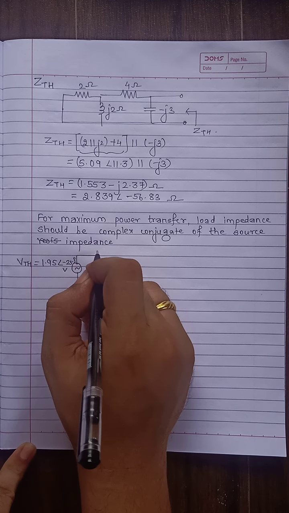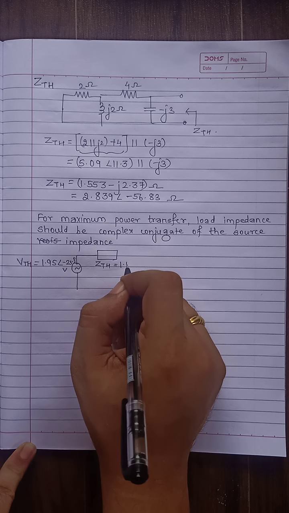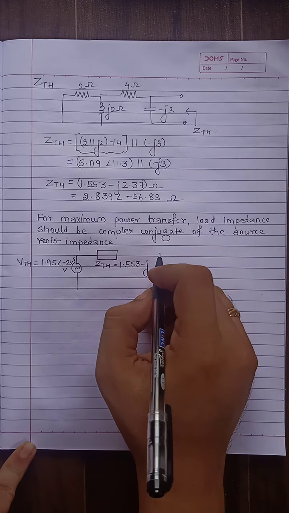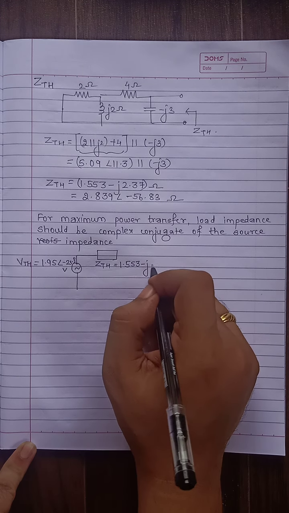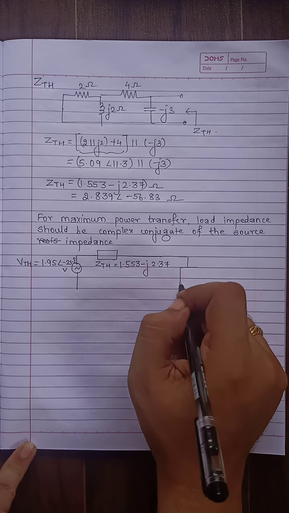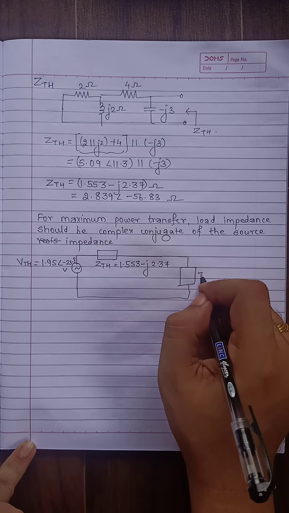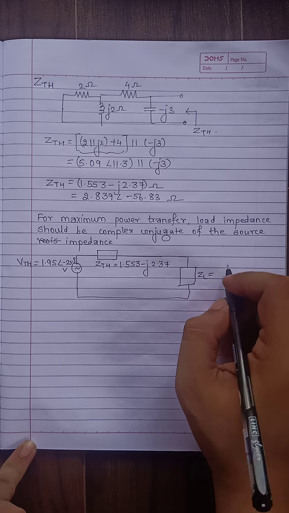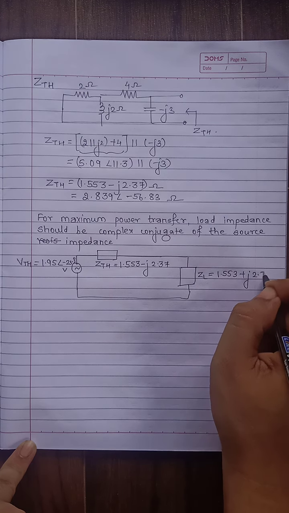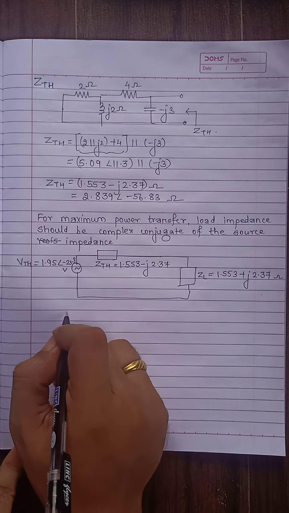Then we have calculated ZTH, which is 1.553 minus J2.37, and your ZL, as per this statement, is the complex conjugate of this, so ZL will be 1.553 plus J2.37 ohms.